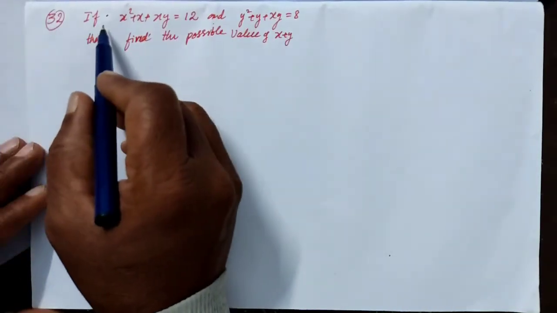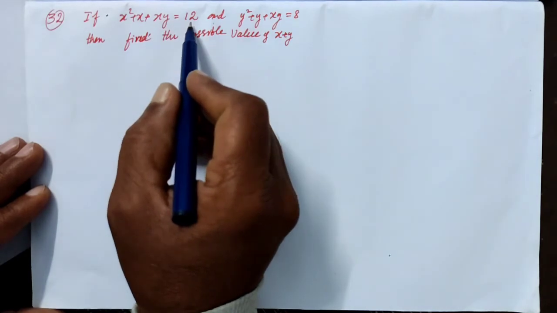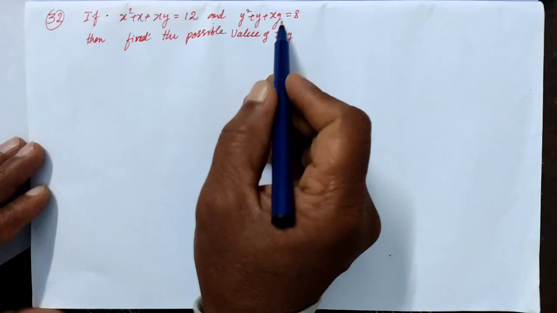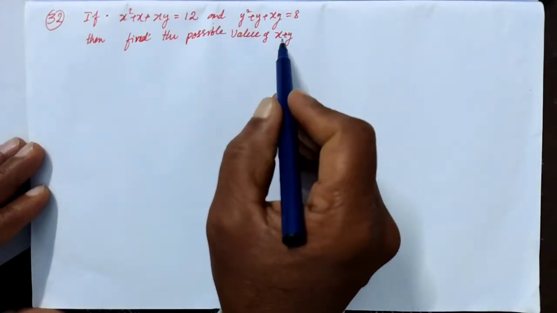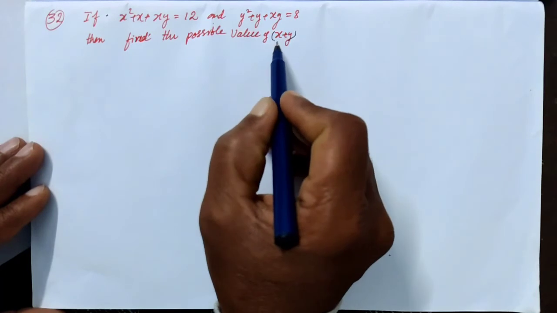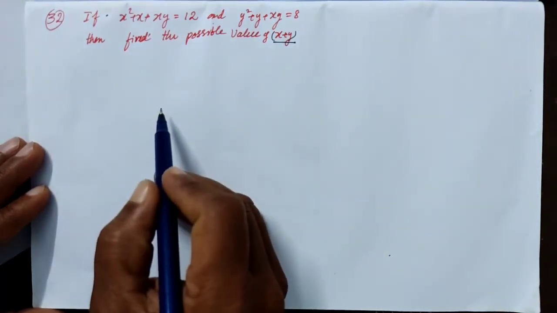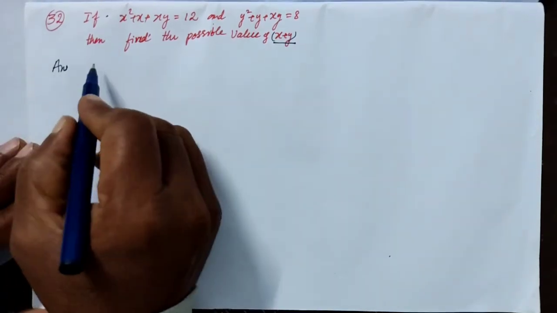32nd question: if x square plus xy is equal to 12 and y square plus y plus xy is equal to 8, then find the possible value of x plus y. So we have to find the possible value of x plus y. This answer is very easy.